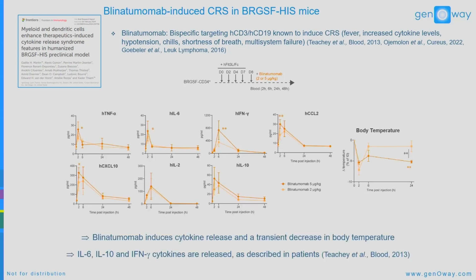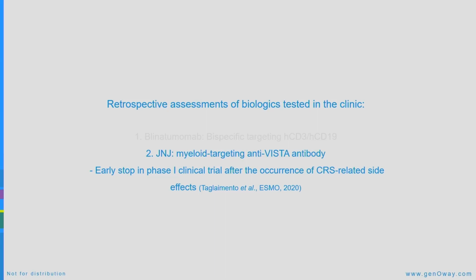And as you can see here, the injection of Blincyto into the animals results in a cytokine release. The cytokine release that we're seeing is no longer the same as previously in terms of kinetics, because the cytokine peaks at 2 hours versus 6 previously, but also in terms of the cytokines which are produced. And again, one more time in this system, we were able to show that infliximab blocks the activity.